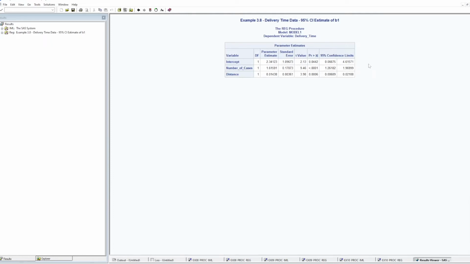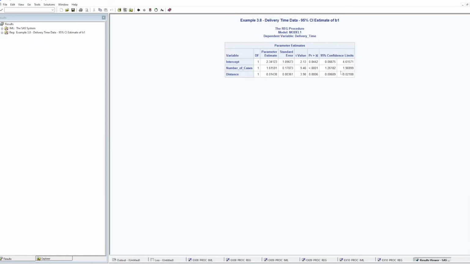We have these confidence limits not only for beta 1, which goes from 1.26182 up to 1.96999, but we also have the confidence limits for beta 2. Here's the point estimate, beta 2 hat, 0.01438. We're 95% confident that beta 2 is somewhere between 0.00689 and 0.02188.